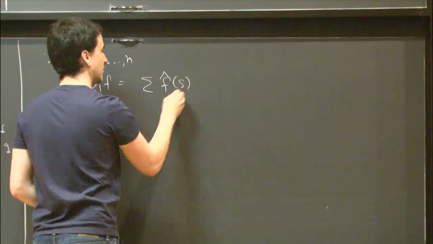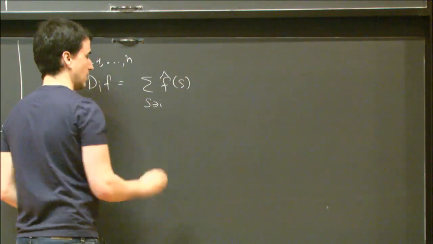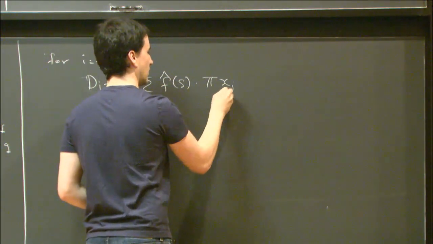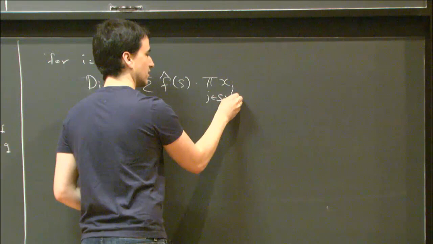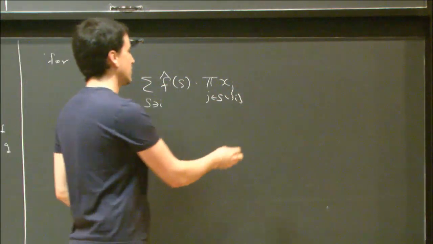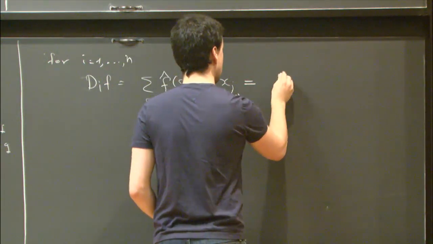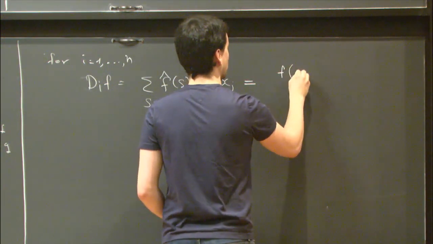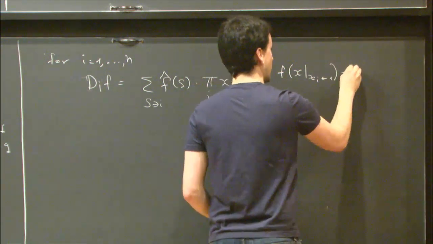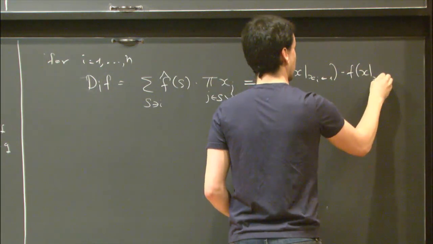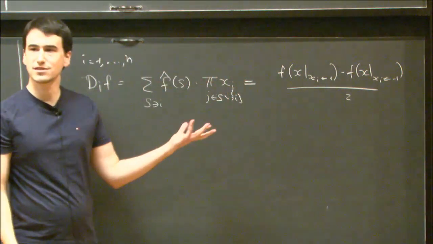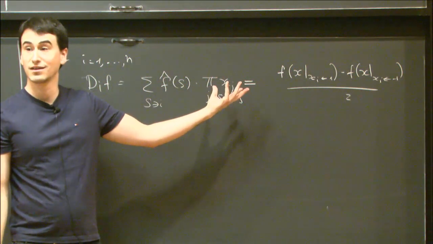So all the sets that remain are the sets that contain i, and I take all the j's in S minus i. This is the formal derivative, and it turns out this equals exactly the value of f on x when I substitute x_i with 1, minus the value of f on x when I substitute x_i with minus 1, divided by 2. You can see this, because this is multilinear.